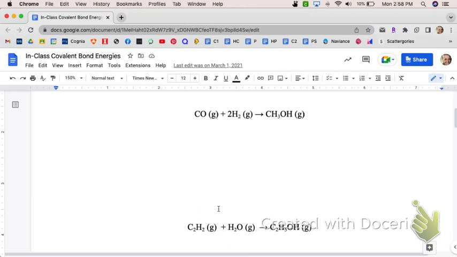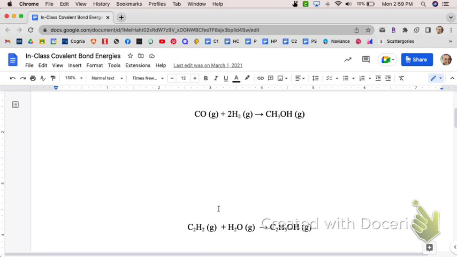All right, so if I look at the first one, can we assume it's not going to be a single bond there? Probably not. So do you know right off the top of your head what bond it is going to be, or do you need to draw it? I don't hear a consensus yet.